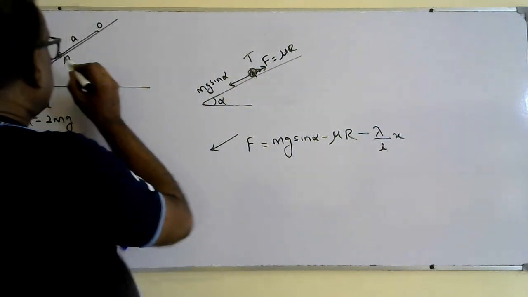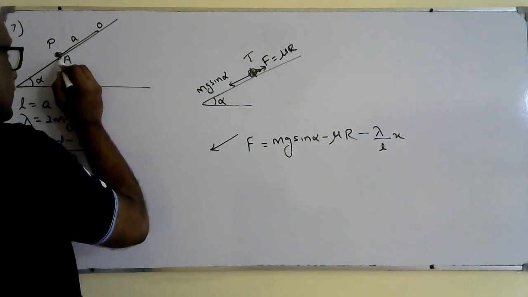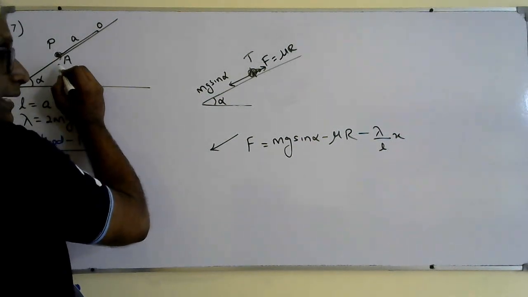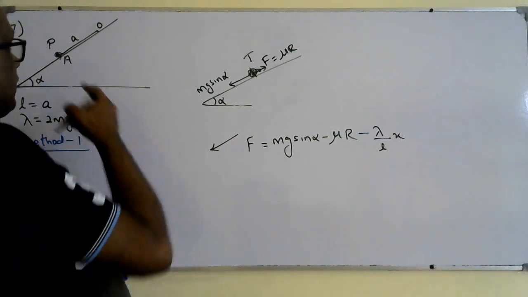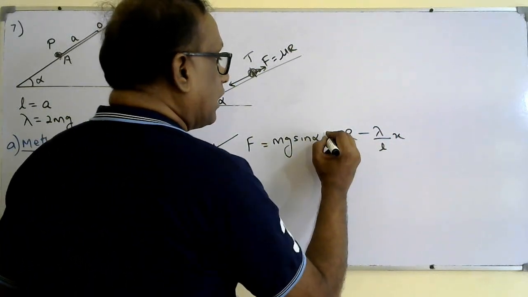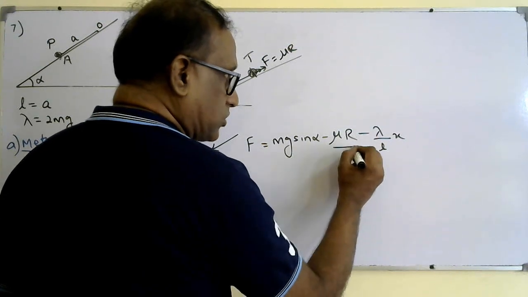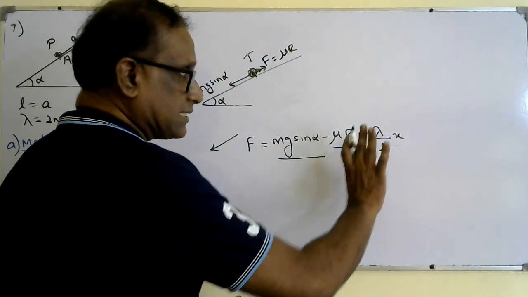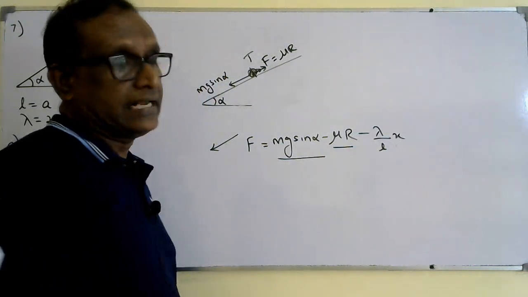It was initially at the point where the length of the string is the same as the point where the particle was at rest. So when it moves down, x is going to increase from 0. This quantity remains constant, this quantity remains constant, this will increase, meaning the portion which is subtracted will increase.